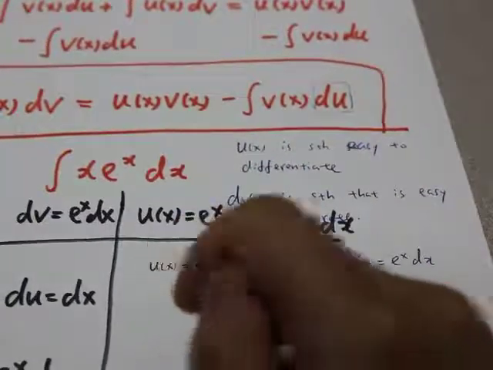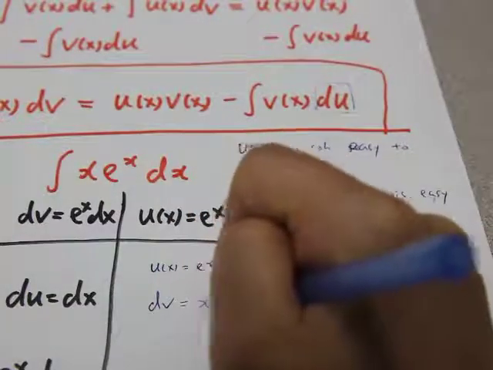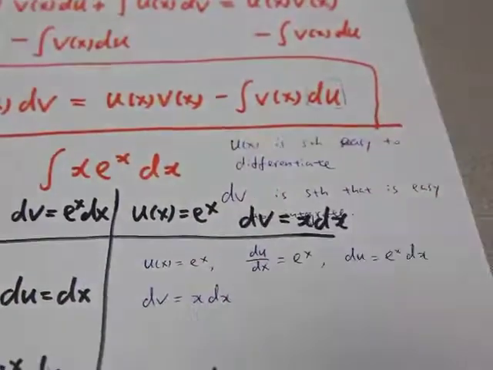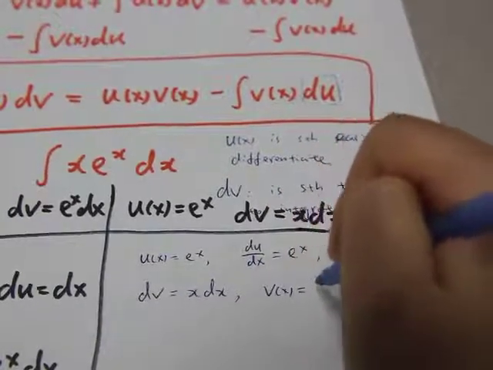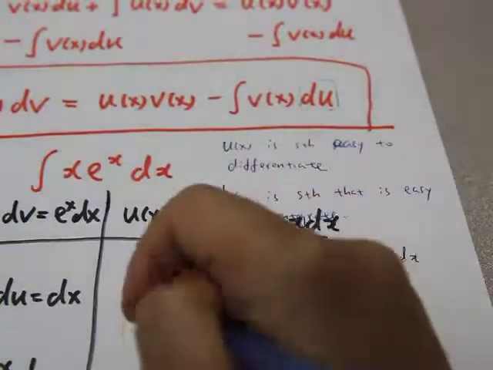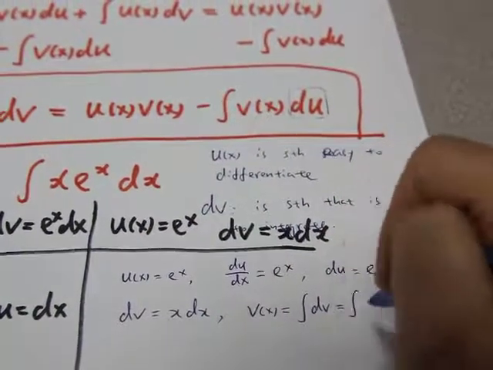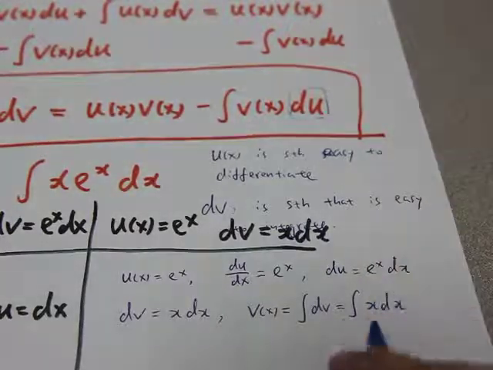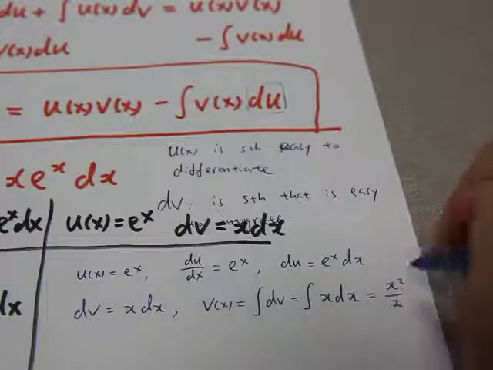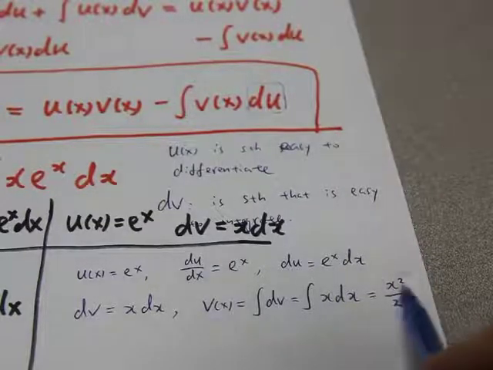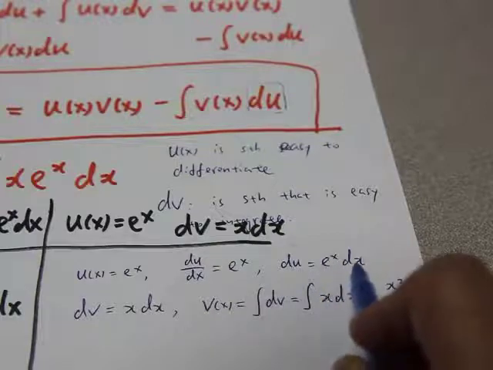And if dv is x times dx, then to find v(x), we're going to integrate dv. This means we're going to integrate x times dx, and this will give us x squared over 2. So v(x) is x squared over 2, and du is e^x dx.